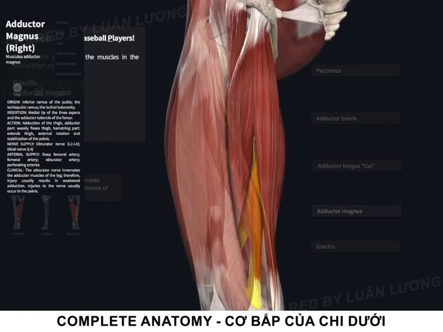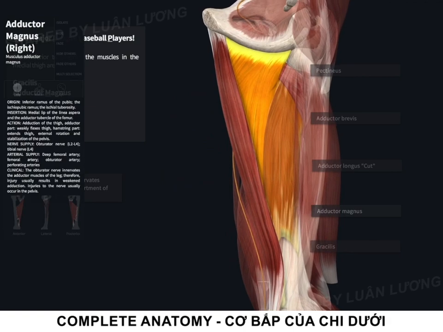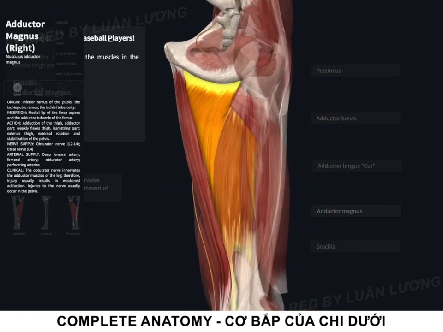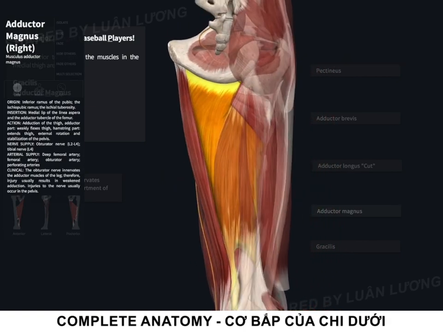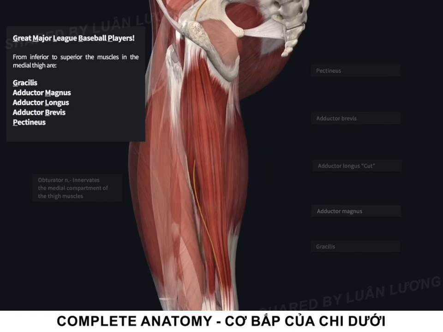As I rotate the thigh around, we can see that the adductor magnus continues superiorly and posteriorly, and it actually has two large portions, a more medially located adductor portion and a more posteriorly located hamstring portion. So this big muscle is going to assist in both adducting my thigh and extending my thigh.